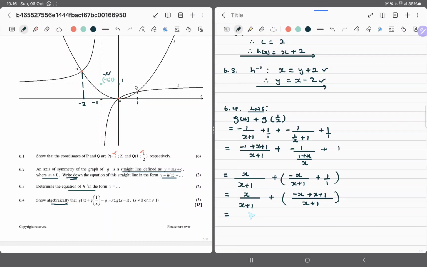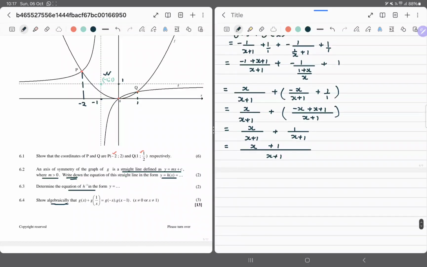Now we continue, so we've got x over x plus 1. Now what happens here, the x's cancel, so we end up with just plus 1 over x plus 1. Now the common denominator here is x plus 1. Then we have x plus 1.